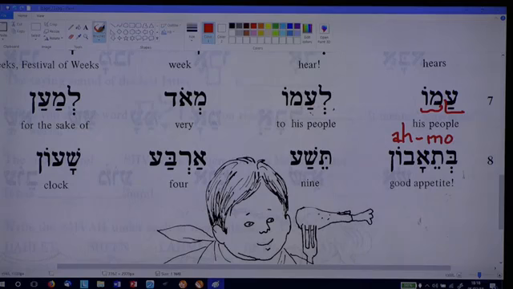Now, if we stick a prefix in front of that, to, this is what this lamed means, to, so this is going to be pronounced le'amo. To his people, the shva is pronounced eh.